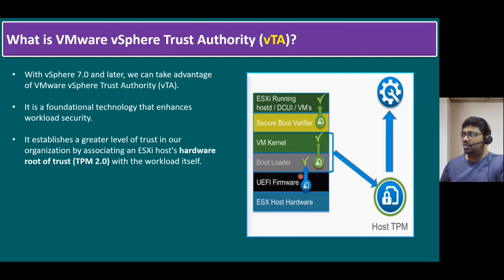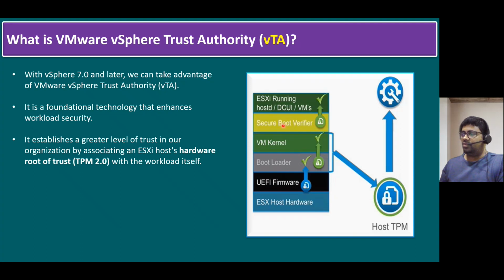Similarly, not only at the hardware level, it will also validate the kernel and bootloader layer. In addition, it will also validate at the secure boot verifier, and it will verify where the ESX operating system is running. Our key services are hostd, the host agent service. For ESX host direct access, we use the DCUI. On top of the ESX, we can run multiple virtual machines.